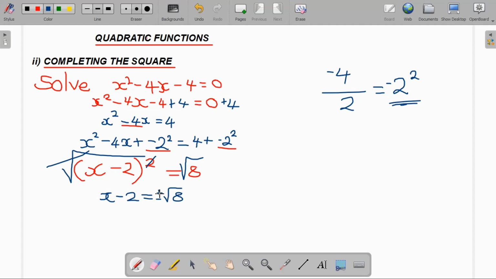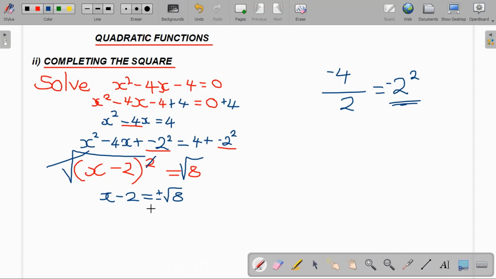Remember, every time you square root a number, it gives you two values, positive and negative. And then at this point, you group the like terms, so x is equal to, this -2 crosses the equal sign, changes to +2, so 2 plus or minus the square root of 8.